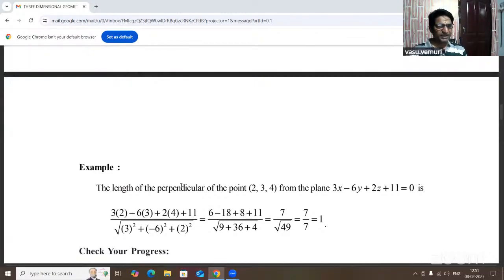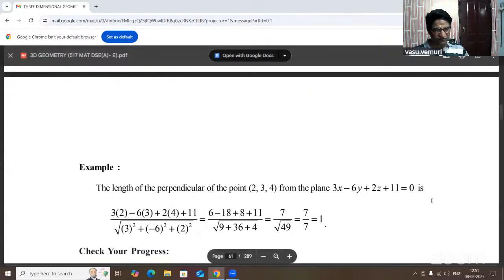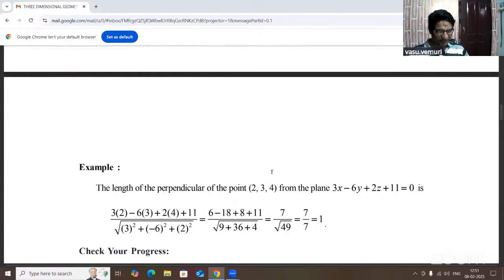One point is given, and the given plane is 3x minus 6y plus 2z plus 11 equal to 0. Find the length of the perpendicular distance from the point. Already we know the formula: Ax1 plus By1 plus Cz1 plus D by root of A square plus B square plus C square. So Ax1 means 3 into 2; the point is substituted, replacing x1, y1, z1.